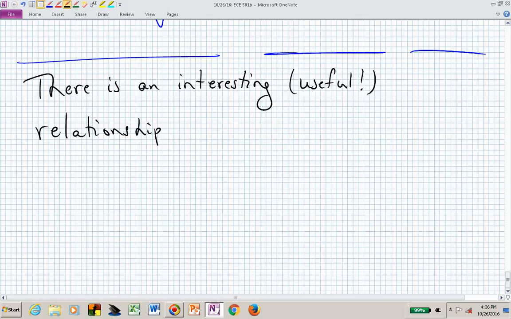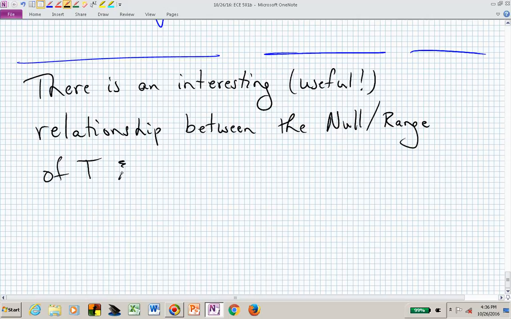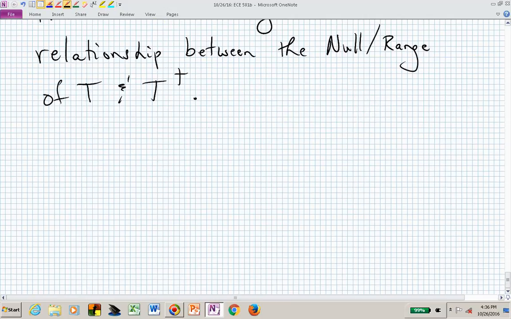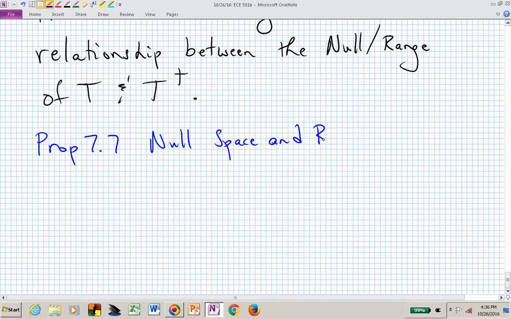So there's now a relationship between the null and range space of the linear map T and its adjoint. And this is given to us in Chapter 7 with Proposition 7, labeled null space and range of linear map T dagger.